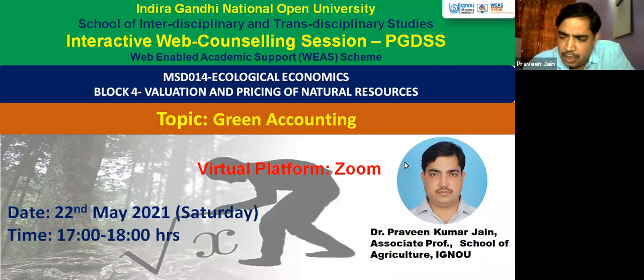We also understood the different methods of valuation of ecosystem services, and there are three major approaches. One is the market-based approach, and another is the revealed preference approach, with two methods: the travel cost method and the hedonic price method. Then there is another approach, the stated preference approach, in which we have the contingent valuation method.